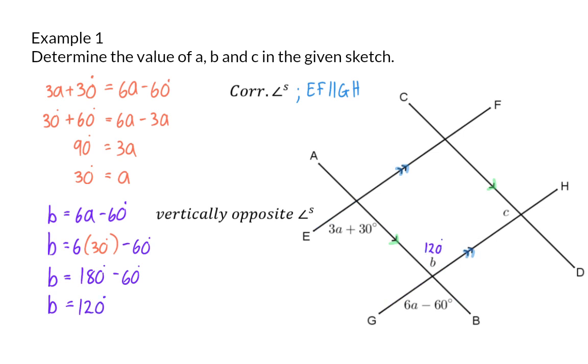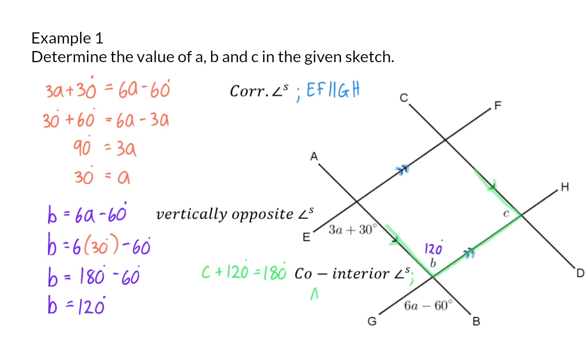Lastly, if we then move on to angle C, you will realize that it forms a U with angle B. This means that C plus the 120 degrees from angle B should be equal to 180 degrees because they are co-interior angles, and here we used parallel lines AB and CD. So angle C is 60 degrees.